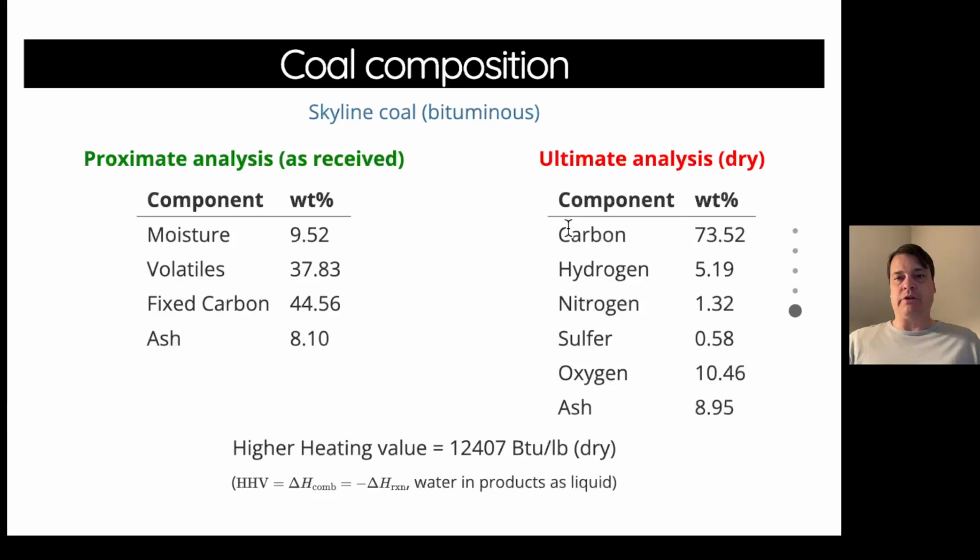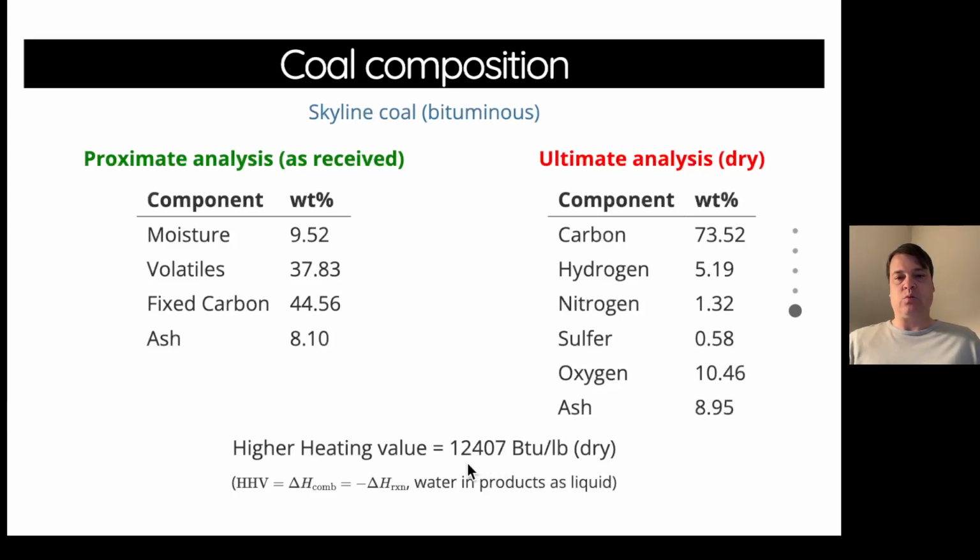There's also what's called an ultimate analysis, and that's often done on a dry basis or a dry ash-free basis. In this case, the ash is included, and that tells you the elemental composition. So you have carbon, hydrogen, nitrogen, sulfur, oxygen here on a mass basis. And then combined with this is the higher heating value of the coal. That will be done on a dry basis.